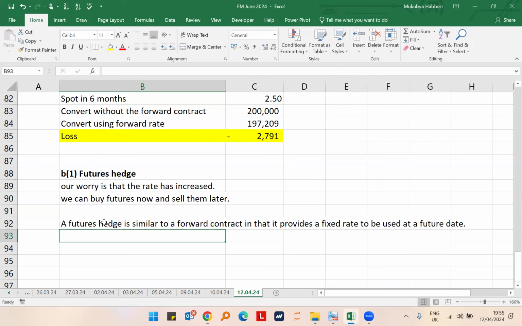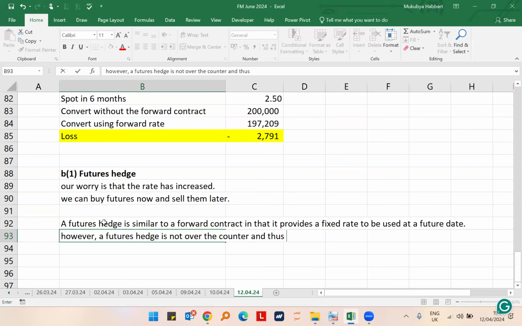However, how are they different? However, a futures hedge is not over the counter, and thus exists in fixed contract sizes, and has four dates of exercising.